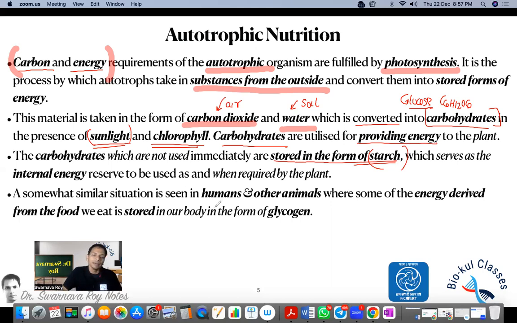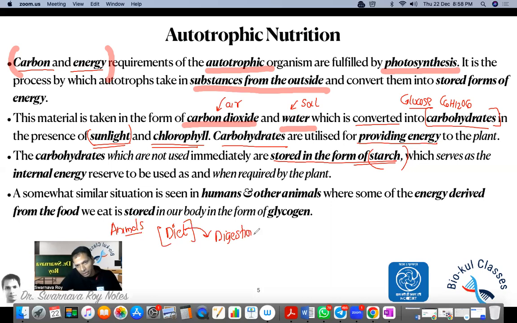In the case of animals, they get carbohydrate from the diet. Just a comparison: animals get the carbohydrate from their diet because animals are heterotrophs. They then carry out digestion.